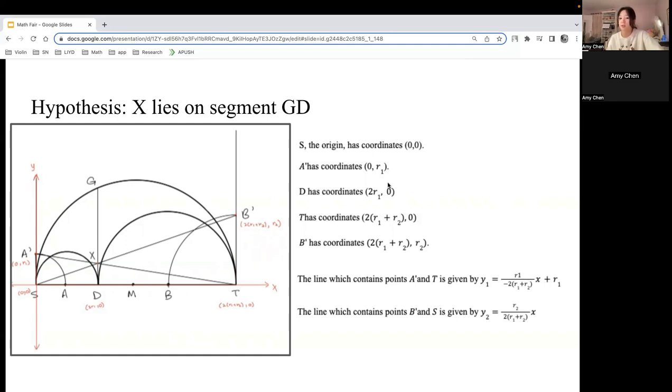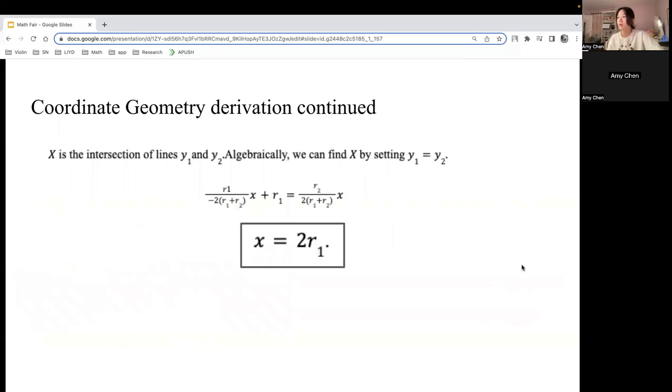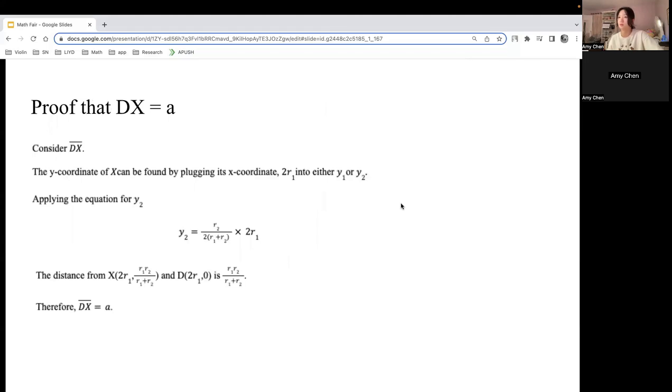The following coordinate values are calculated, and from these we derive two equations for the lines containing A prime and T and B prime and S. Because X is the intersection of lines y1 and y2, we set these two equations equal to each other, and upon simplifying, we get that x equals 2R1. It is apparent that X lies on the axis GD, so our hypothesis has been proven.